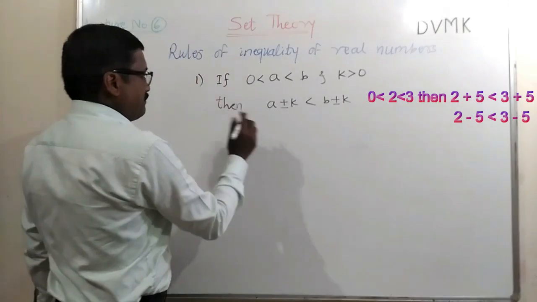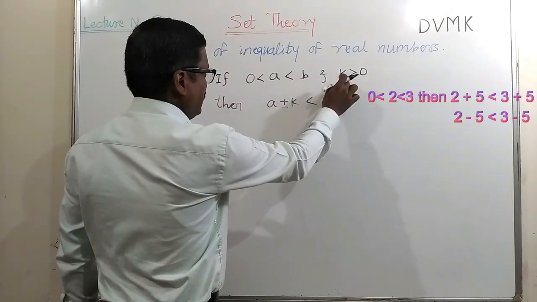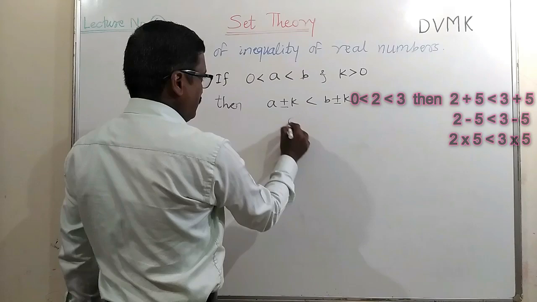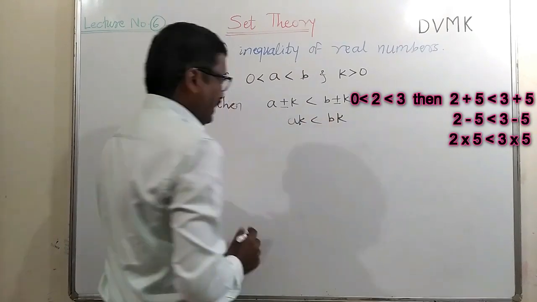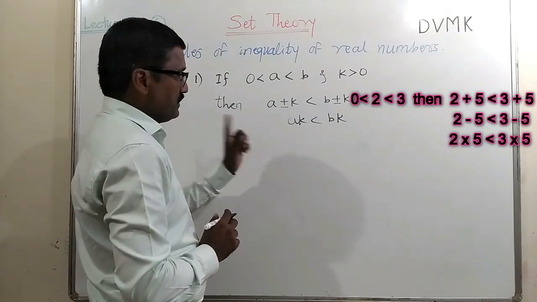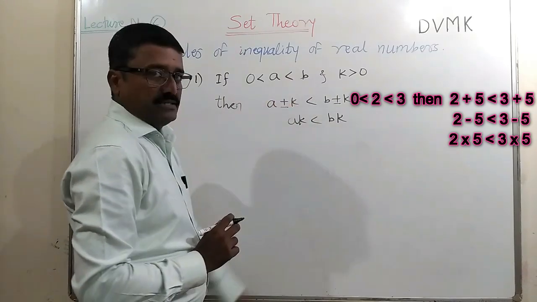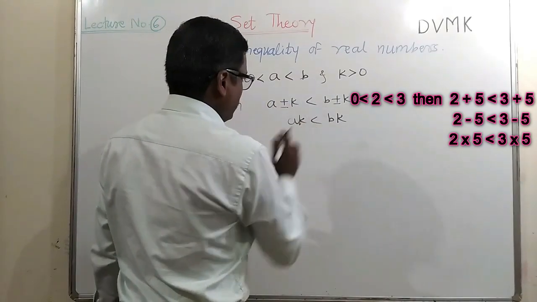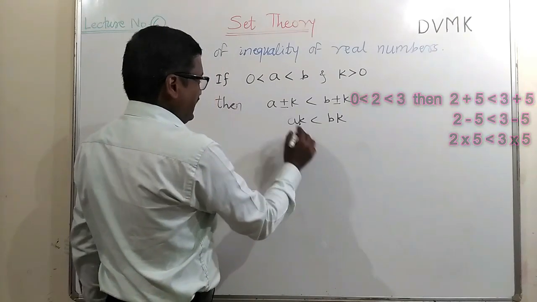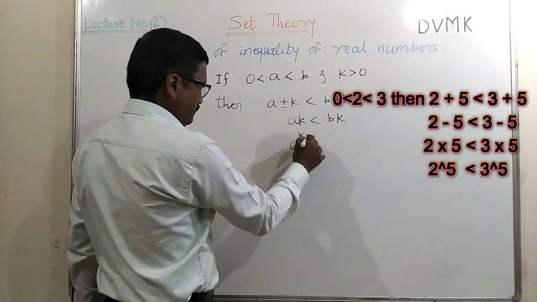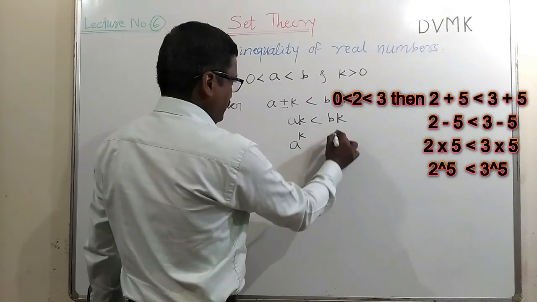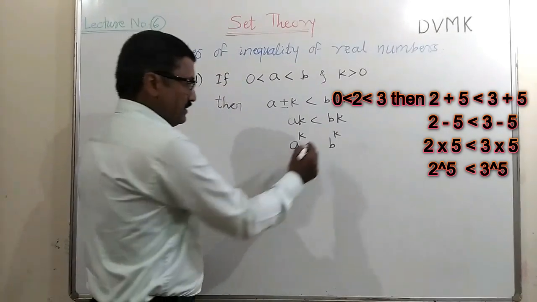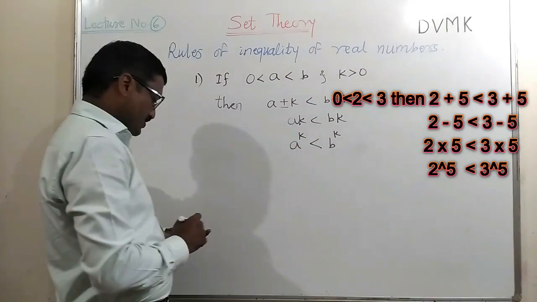If we multiply A and B by K, because K is positive, then we get AK is less than BK. As K is positive, there is no change in the inequality. Also, if you take the Kth power of A, means A raised to K, and B raised to K, then the inequality remains unchanged.